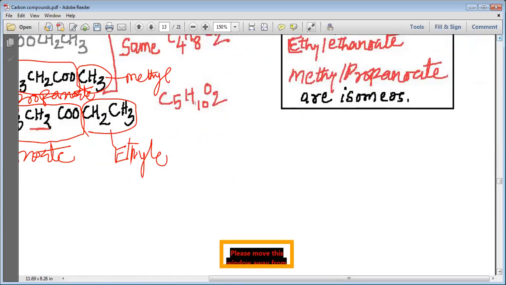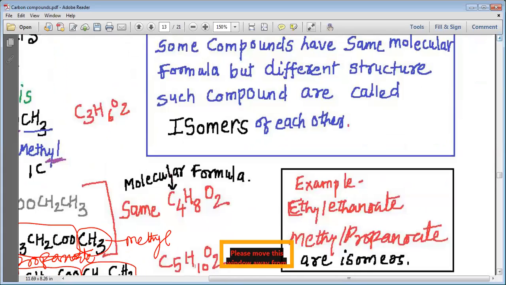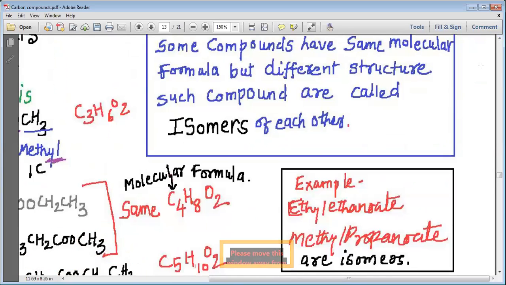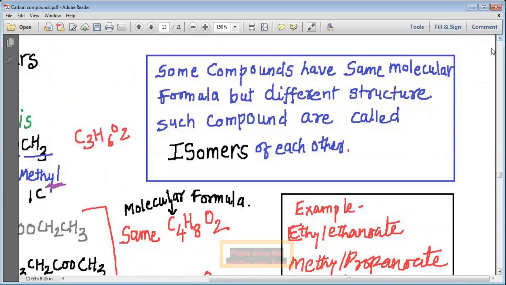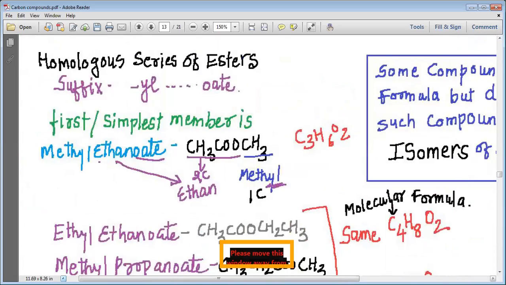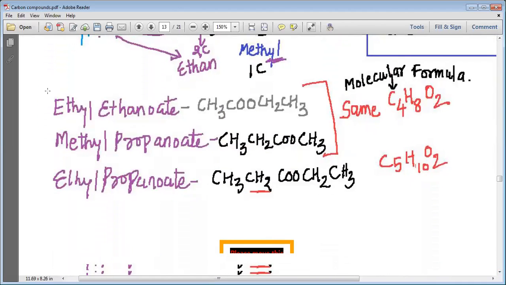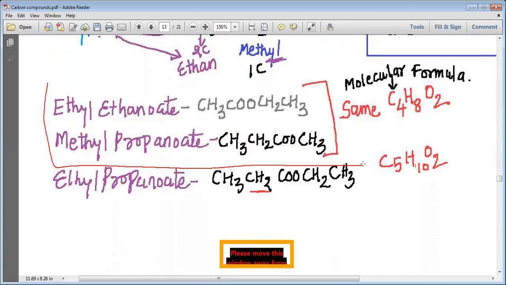But please remember here a very interesting thing that I'm going to share with you. You can see here, my dear students, that when you look at some of the esters that we have just seen, look at these 2 esters I'm talking about: ethyl ethanoate and methyl propanoate.